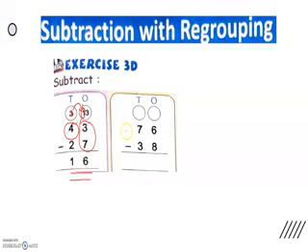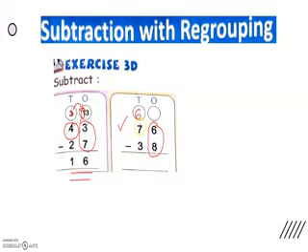Similarly, we can do 76 minus 38. Here we have in the ones place 6 minus 8. We cannot subtract 8 from 6 since 6 is a smaller number. So to make 6 a bigger number, you have to take 1 from the tens place. If we take 1 from the 7, it will become 6.